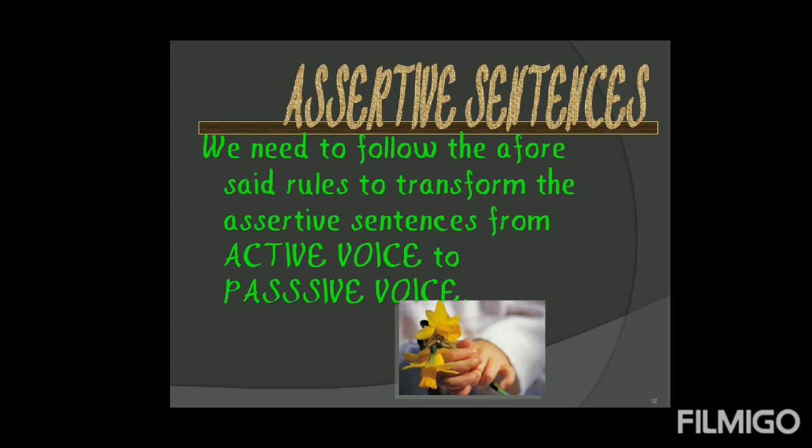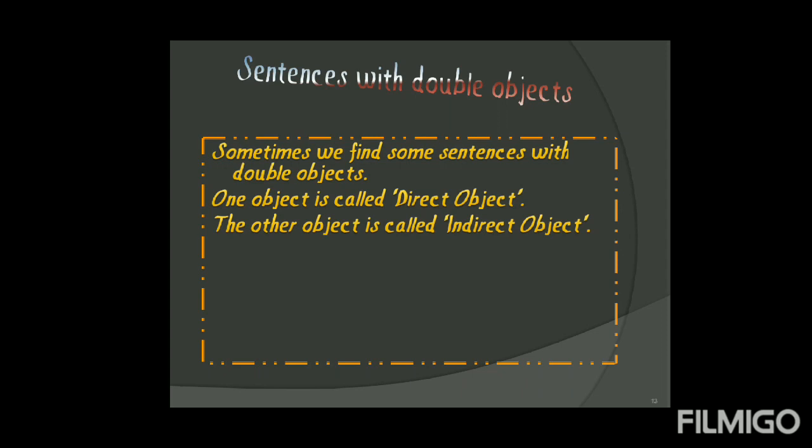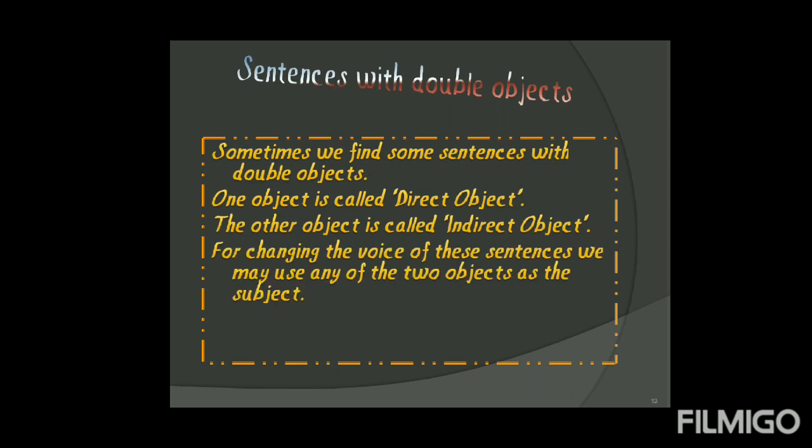And here we would learn another important factor about voice change, that is sentences with double objects. Sometimes we find some sentences with double objects. So what is the double object? Here you would find two different objects, direct object and indirect object. And here, while you are changing the voice of the sentences with double objects, you may select any of these two objects to form the subject.